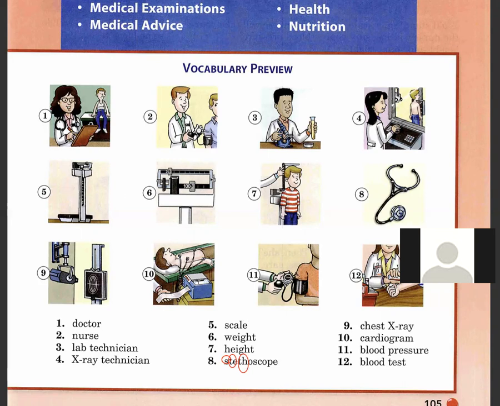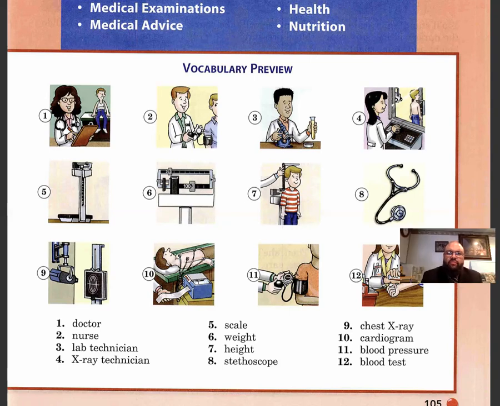Okay, that's very close. Who else is here? Is your sister here? Yes. All right, Daniela, how are you? You want to try it? Yes, teacher. Stethoscope. Yes, but don't add it. Remember, there's no E there. Stethoscope. Good.